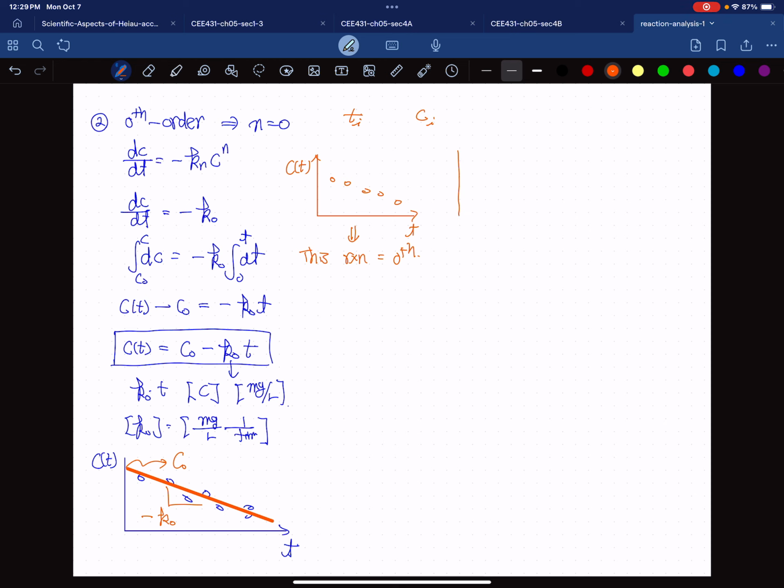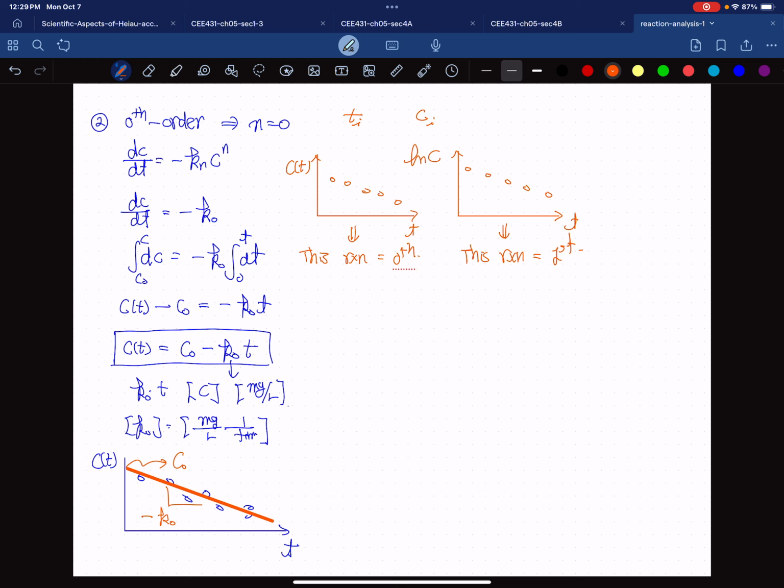Or if you plot time t on the x-axis but the natural log of concentration on the y-axis, and it gives a linear line, then this reaction is first order.